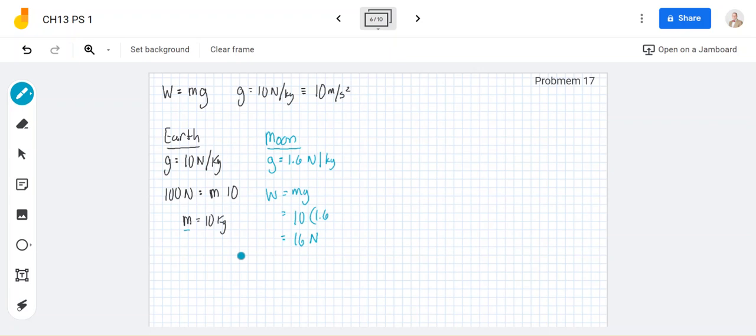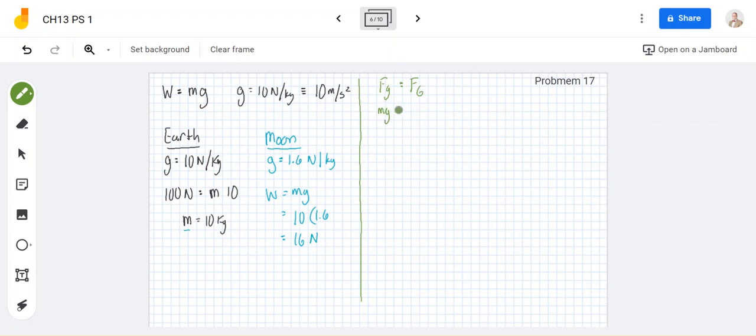The second part says, how many Earth radii from the center of the Earth must the same object be to weigh the same as it does on the moon? So this is an interesting problem because they're actually asking a slightly different question here. We know that the local weight of an object comes from the gravitational force on the object.